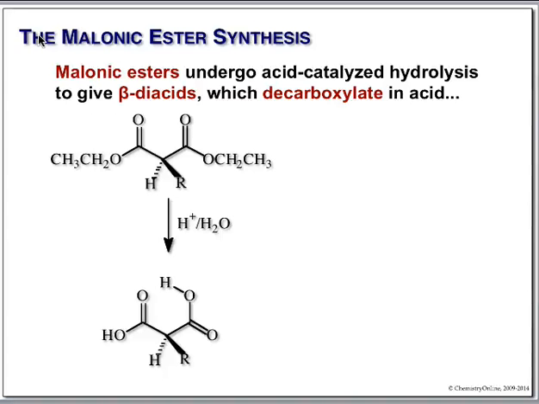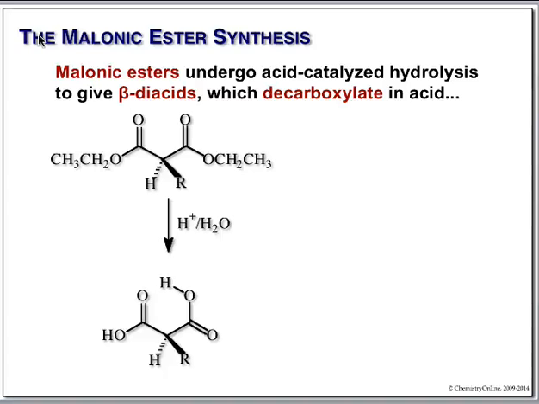Now think back to chapter 20. Ever heard the word decarboxylation? Yes, you did, in chapter 20. We said that if we had a beta diacid in the presence of acid, this would undergo a magic cyclic reaction where we would lose CO2.